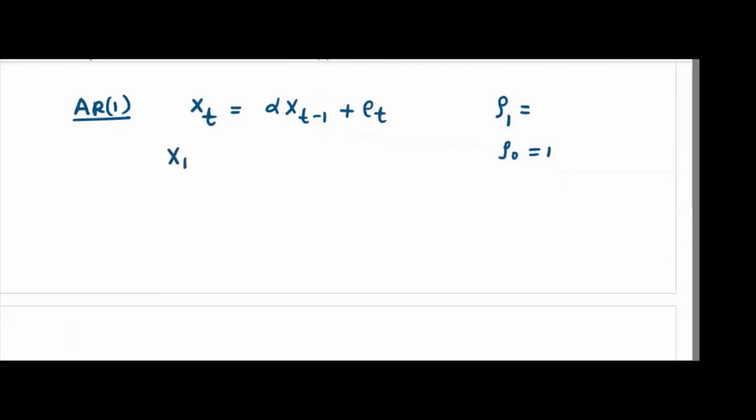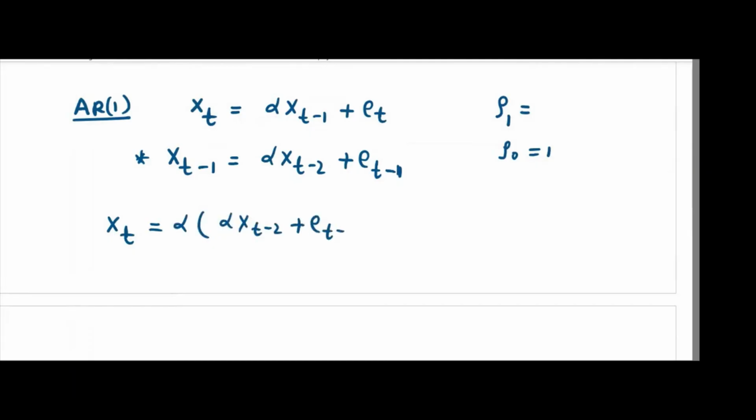How about this? If I write this way, xt minus 1 is alpha xt minus 2 plus et minus 1. Then what will happen? You substitute this one here. Then if you see, now alpha square xt minus 2, alpha et minus 1 plus et.